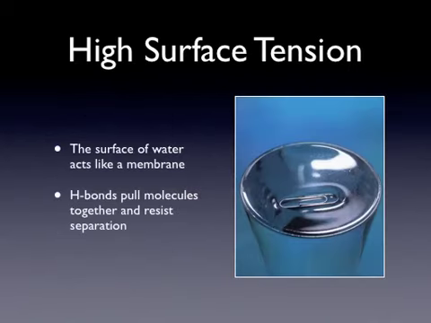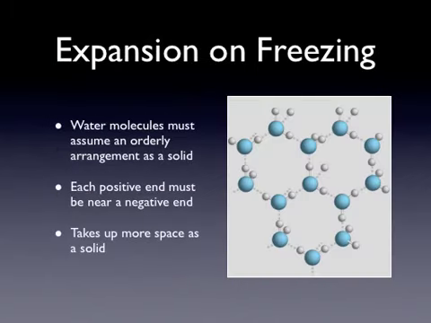Water also has a high surface tension. The surface of water acts like a membrane or a skin. This is because H-bonds pull the molecules of water together and resist their separation. Water expands on freezing.